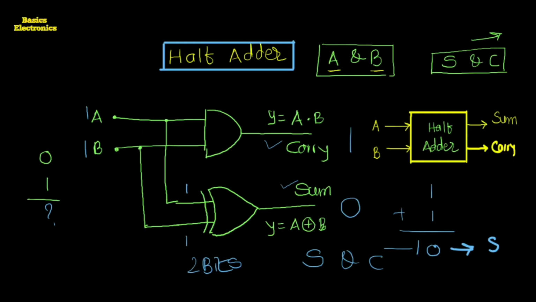Then in the construction, you can write: the half adder is constructed by using one AND gate and one XOR gate.